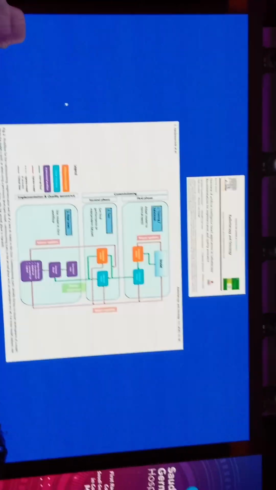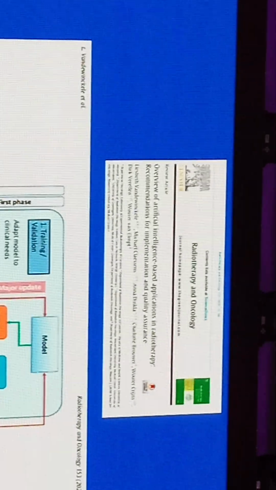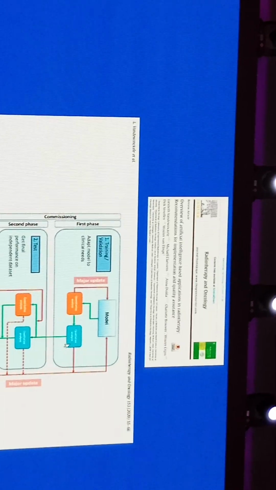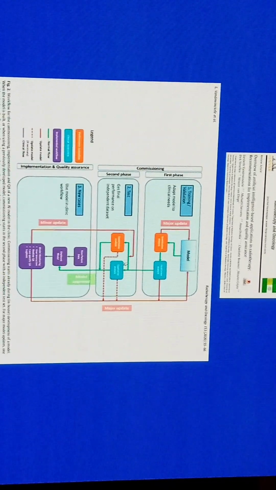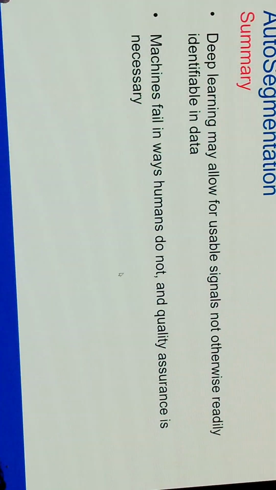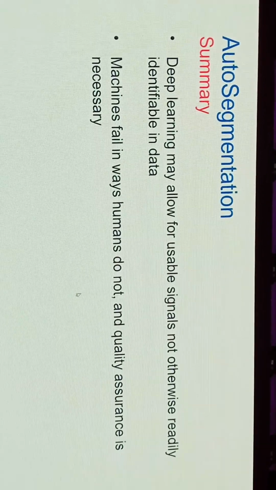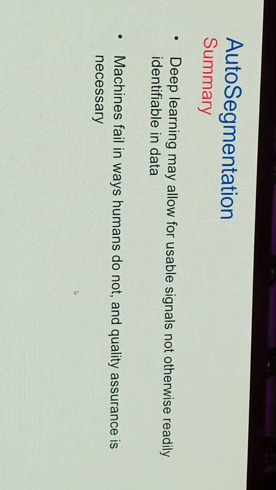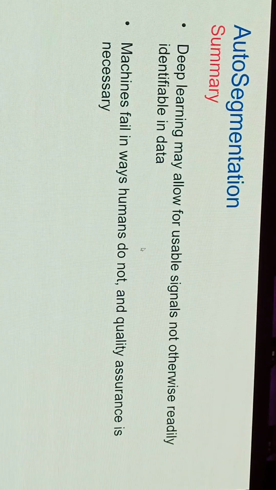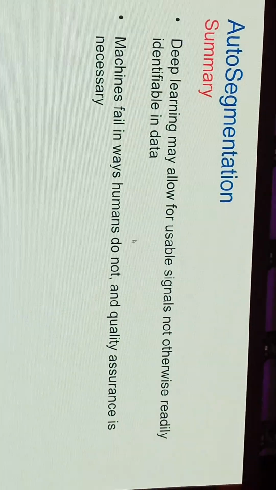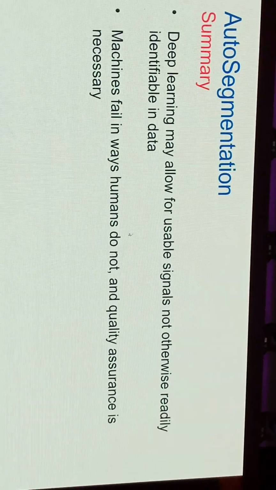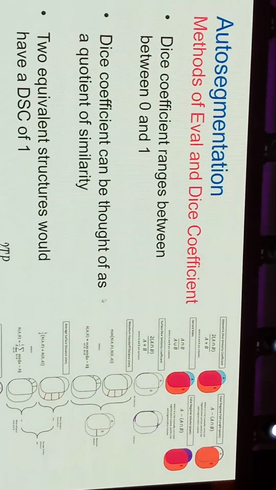Given the complexity of AI, the potential for biases that exist, and the risk of implementation, but also the benefit, we need working groups to inform us how we maintain quality while saving ourselves time and maybe improving patient care. So, deep learning in summary may allow for usable signals not otherwise readily identifiable in the data, and machines fail in ways humans do not. So, quality assurance is necessary.